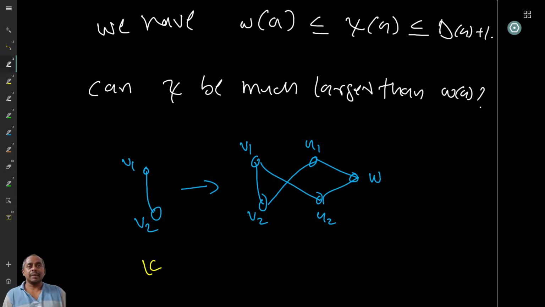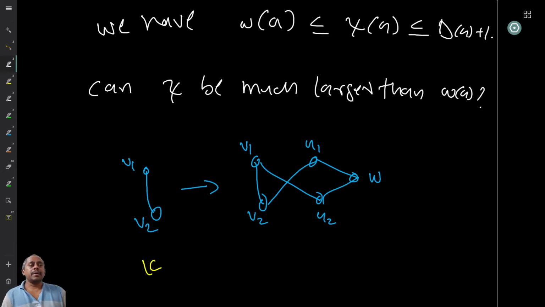So this is just renaming the colors. It does not affect the properness of the coloring, because earlier it was called red, now it is called blue or green, whatever. So I can always change the names of the colors as long as I change uniformly everywhere. Then it is okay.